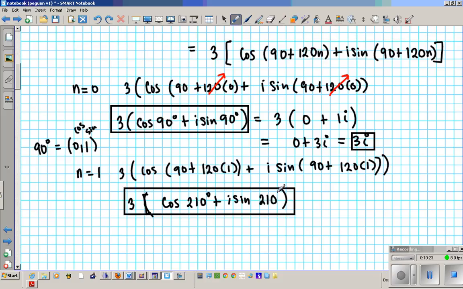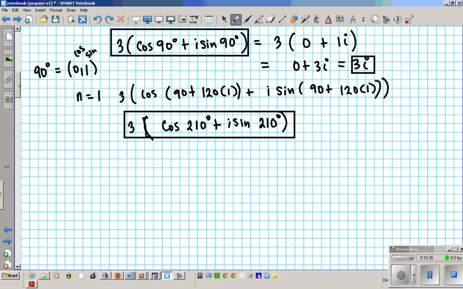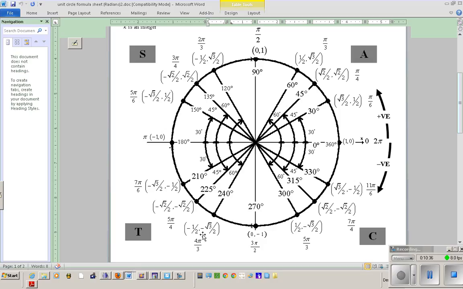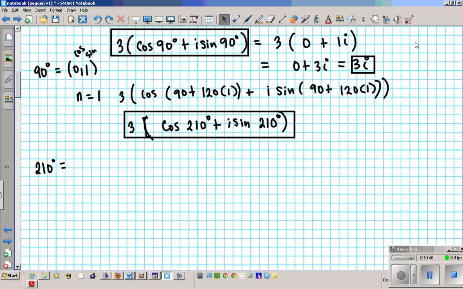Alright, so we also want to express this in rectangular form, right? To do that, we need to find 210 on the unit circle. If 210 is not on the unit circle, then we have to use our calculator, okay? So I think it's on the unit circle. So let's take a look. 210, bam, right there. Negative root 3 over 2 and negative 1 half. So we're going to plug that in here.